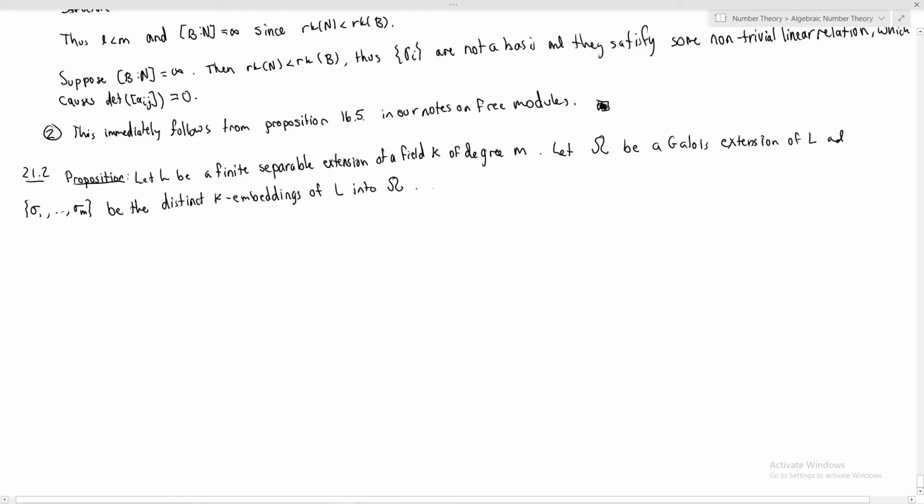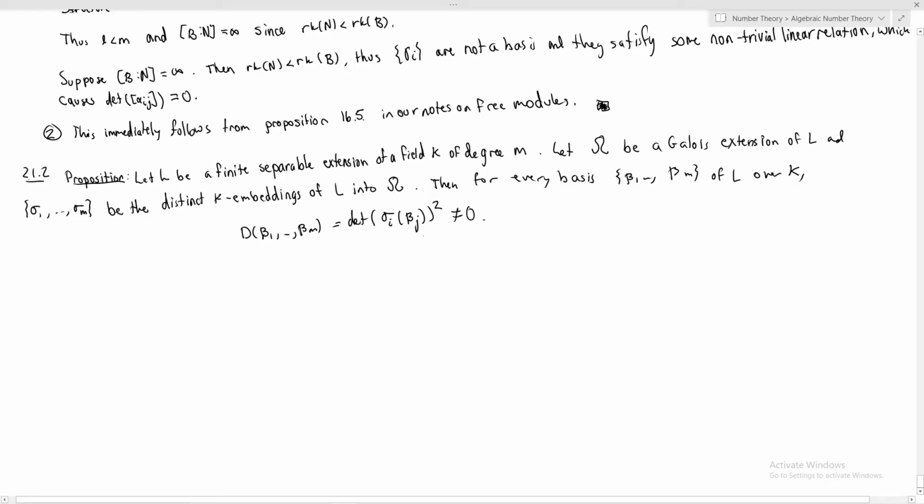Okay, and the claim is as follows. Then for every basis, beta_1 through beta_m of L over K, we have the following formula. The discriminant of beta_1 through beta_m is the determinant of the sigma_i(beta_j), this determinant squared, which in turn is not equal to 0.